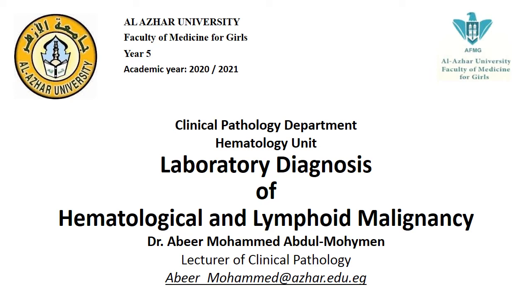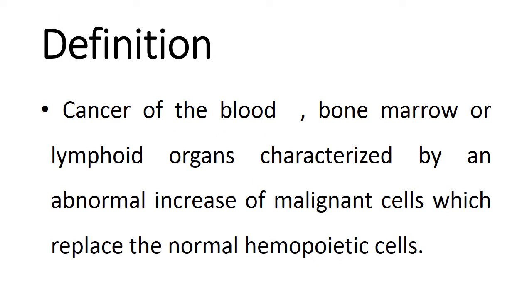Today we will study the malignancy of hematopoietic and lymphoid tissue, which are called leukemia or lymphoma. The cancer of hematopoietic or lymphoid cells may be called leukemia or lymphoma according to the clinical presentation.